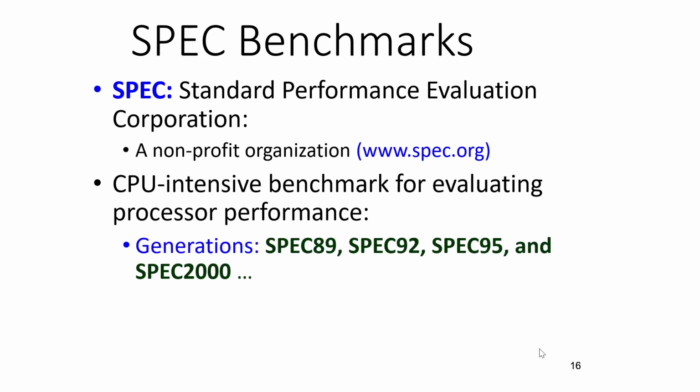So we have had generations of Spec 89, 92, 95, 2000, 2006, 2017, which are basically a bunch of programs to evaluate how good a CPU performs, right? CPU and its accompanying memory system. So you could have a financial, a stock market program, a chess program, an equation solver, an image manipulator. All of these things are there within Spec.